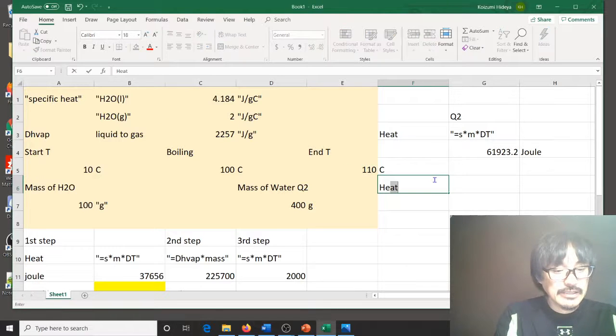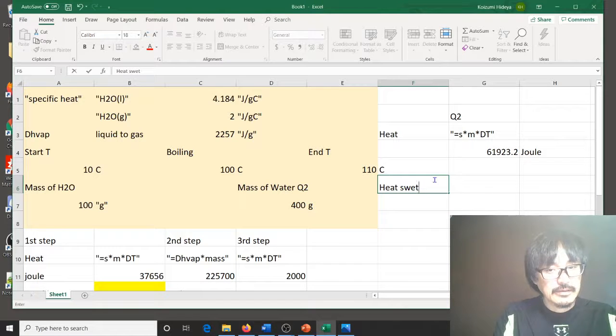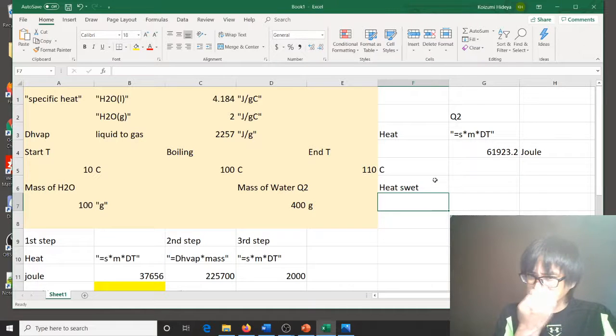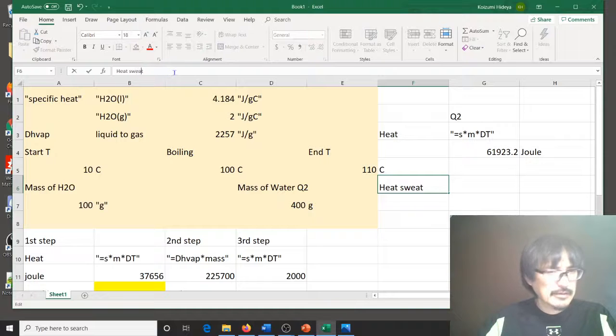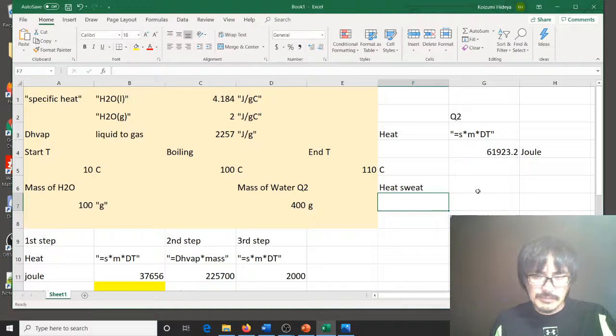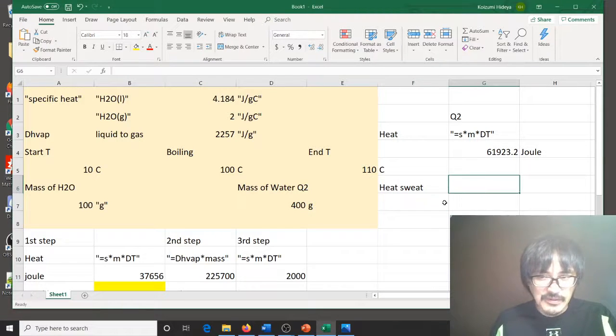So this is the second way. It's the second heat, by sweat. I feel like I'm maybe missing something. Probably. It's okay. You understand.